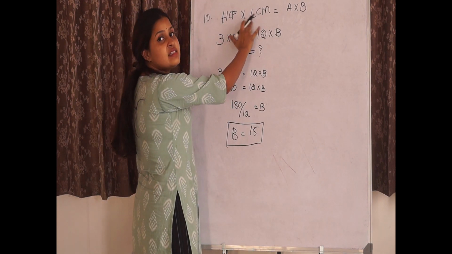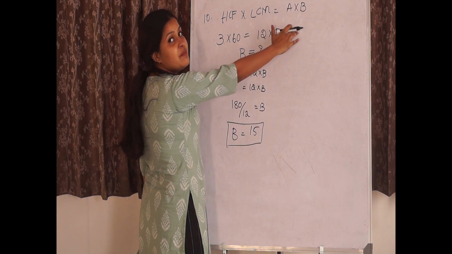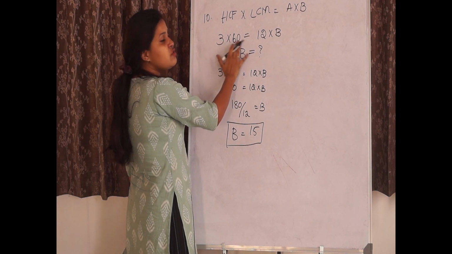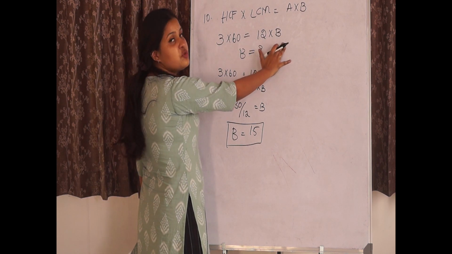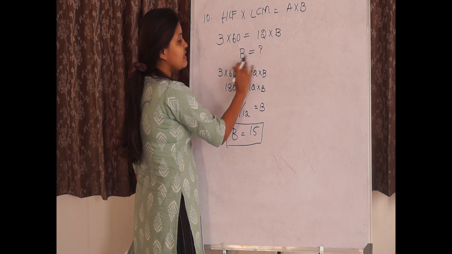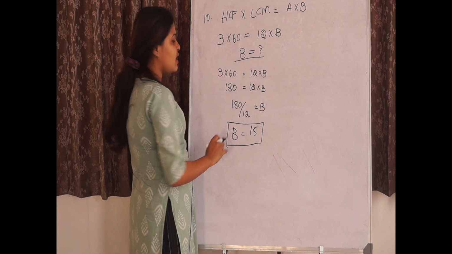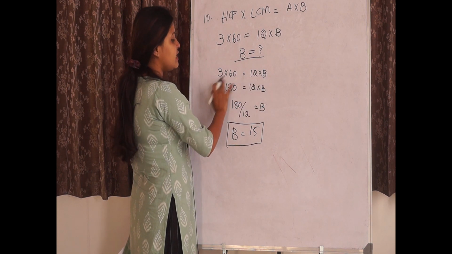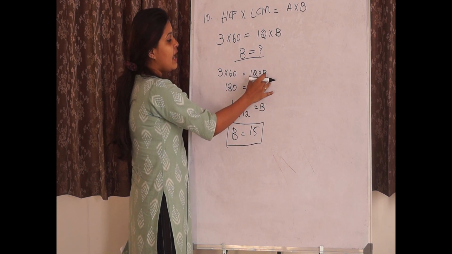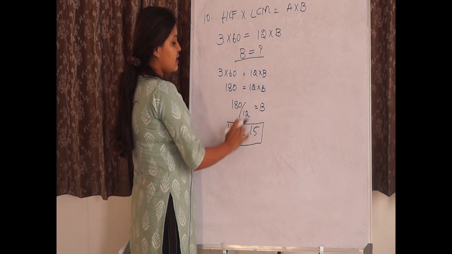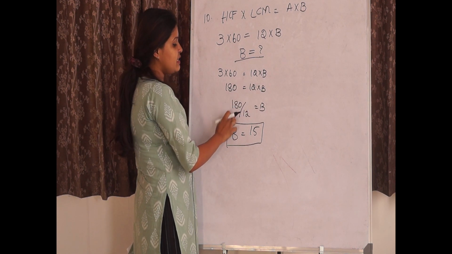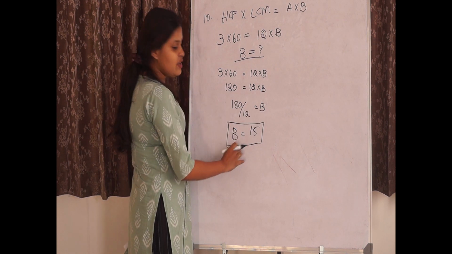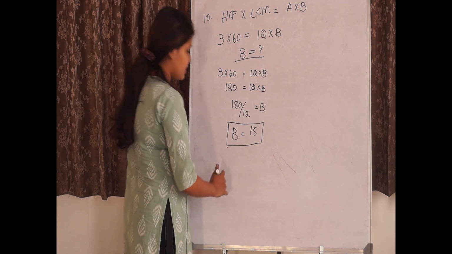We know that HCF into LCM will be A into B. According to the question, 3 into 60 is equal to 12 into B. 3 into 60 will be 180, and 12 into B will be the same. Now if we divide 180 by 12, the value of B will be 15.